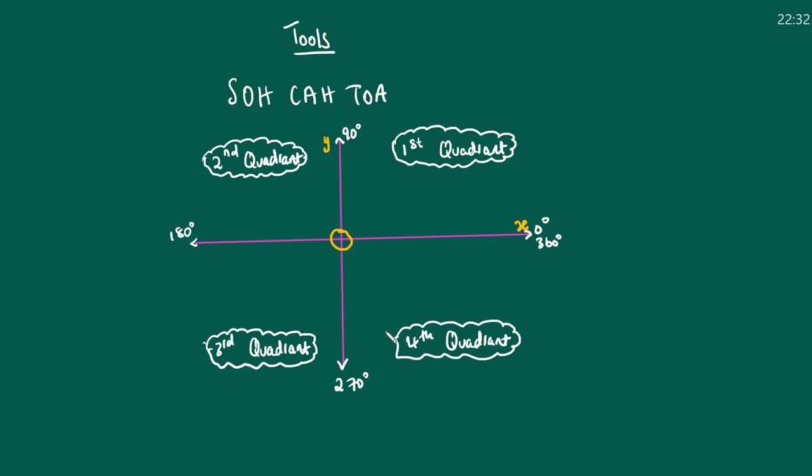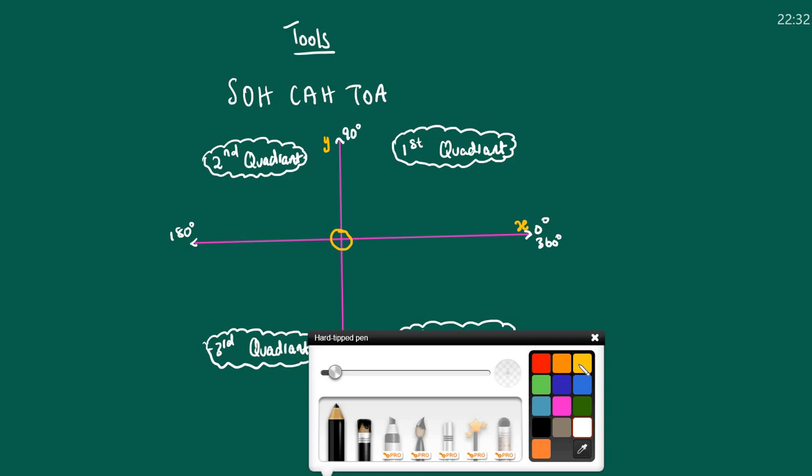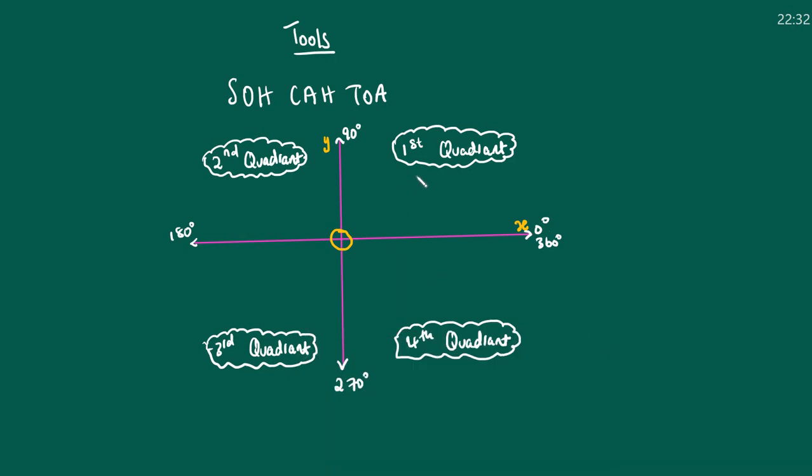Okay, then now, what do we have in the first quadrant? Let's remember that in the first quadrant, this is where we find 90 degrees minus theta. This is where we also find just theta. This is also where we find 360 degrees plus theta.